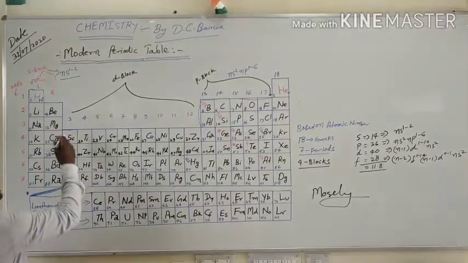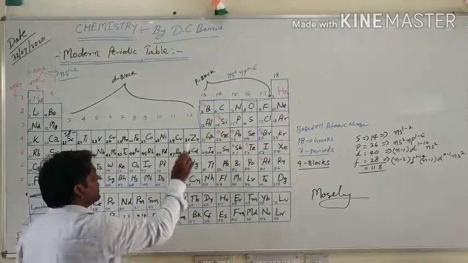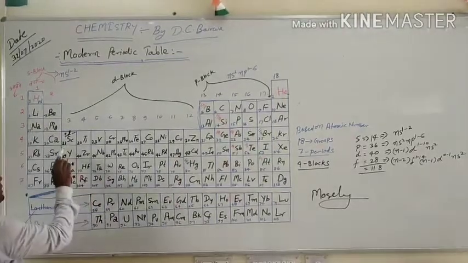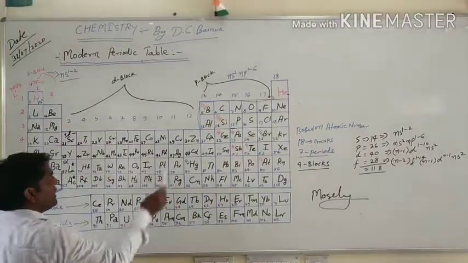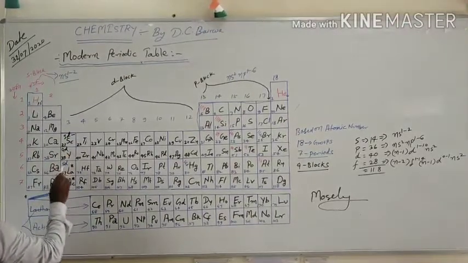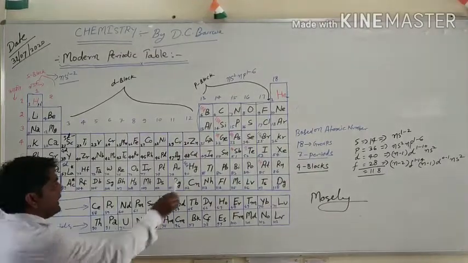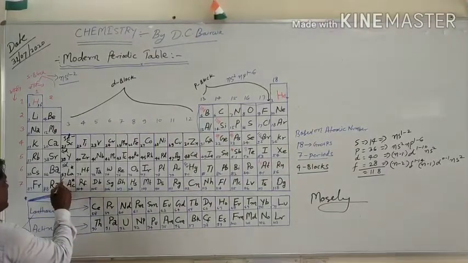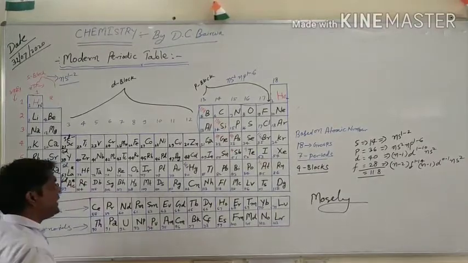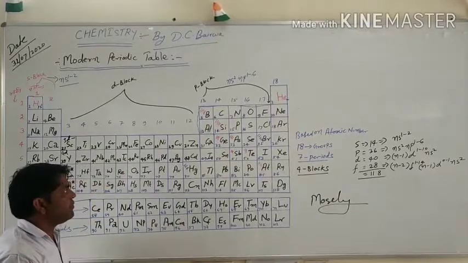In D block, this is 3D series from 21 scandium to 30 zinc, and 39 yttrium to 48 cadmium, known as 4D series. 5D series starts from 57 lanthanum to 80 Hg. 6D series starts from actinium to 112 copernicium.